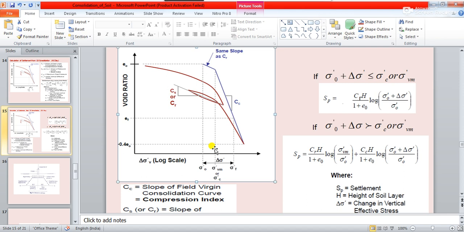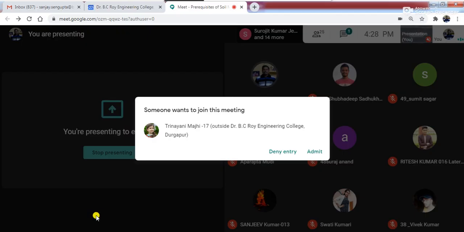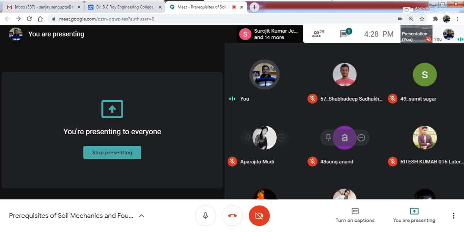In that, you see this sigma Vm is nothing but your pre-consolidation pressure. Now pre-consolidation pressure will be getting reduced because of the removal of something, and then the soil will be experiencing lesser stress than the pre-consolidation stress, right?